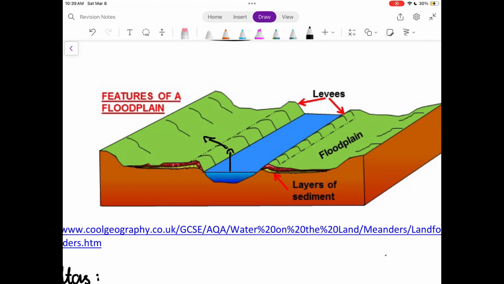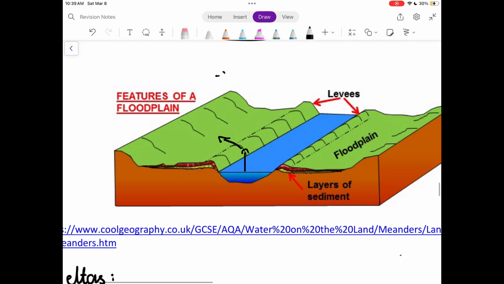In floodplains, you'll find smaller sediment, which can be sand, soil, and also alluvium, which gives the land its fertility.